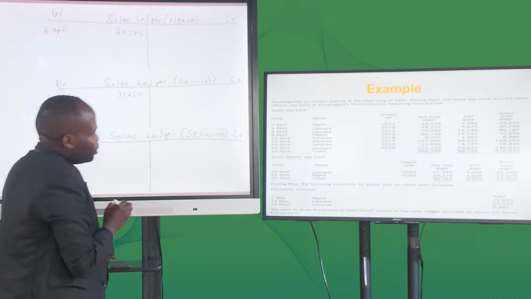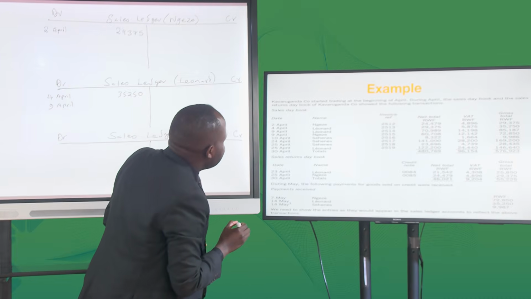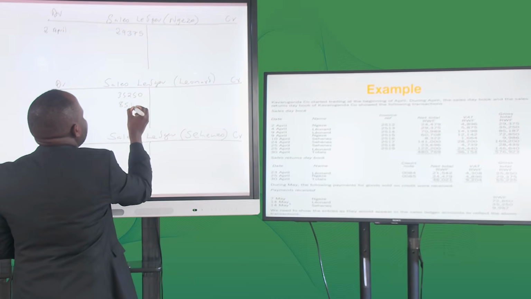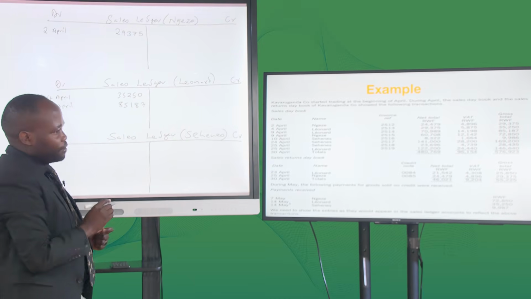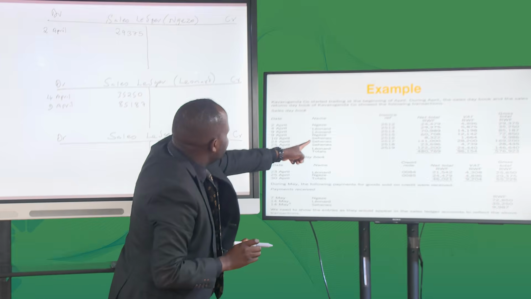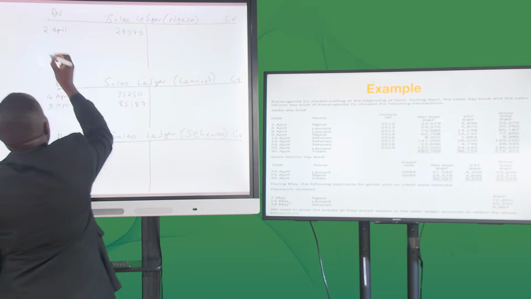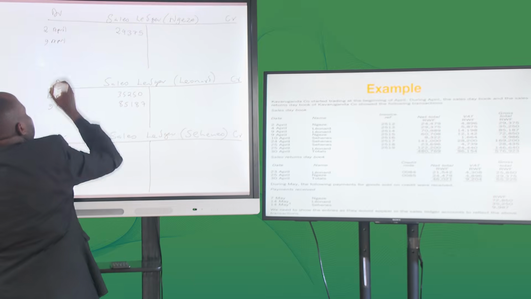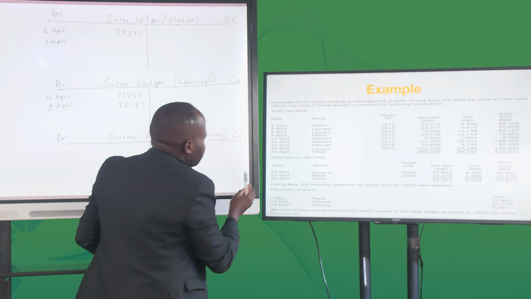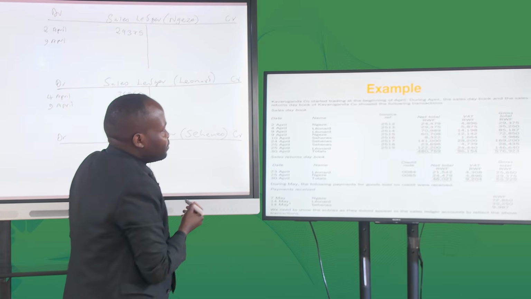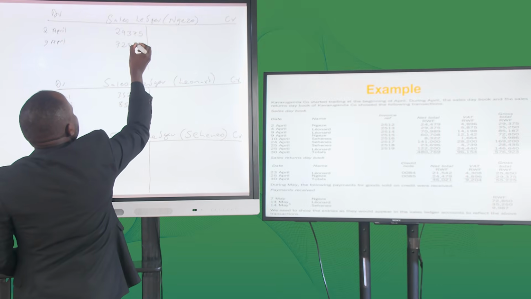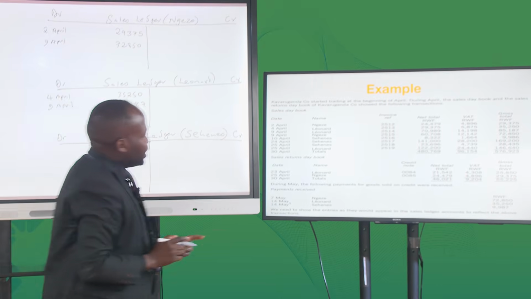So the other one was 85,187. And then the next is back to Ngeze on 9th April. 9th April, back to Ngeze, we have 72,850.